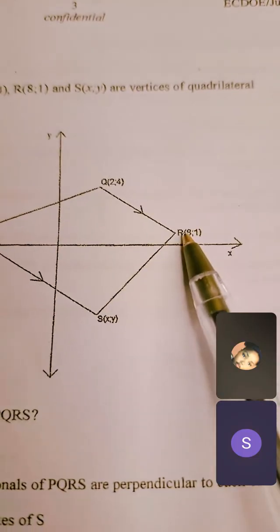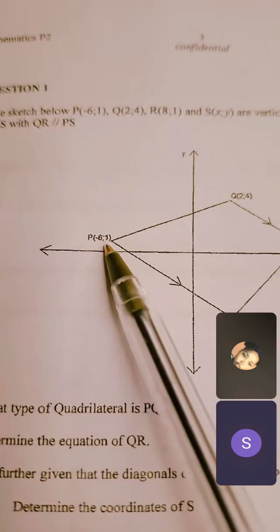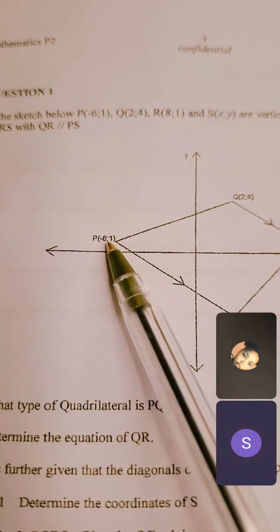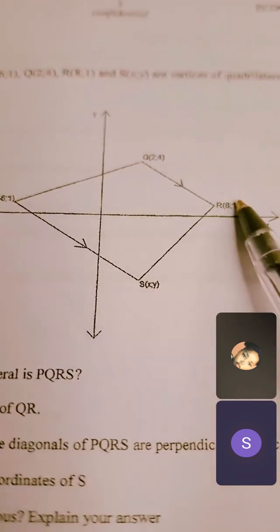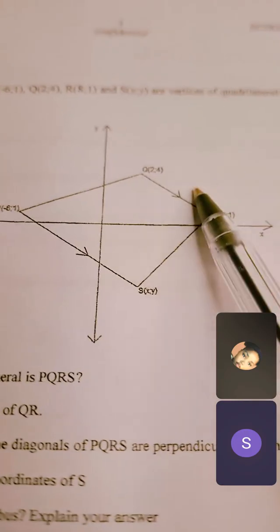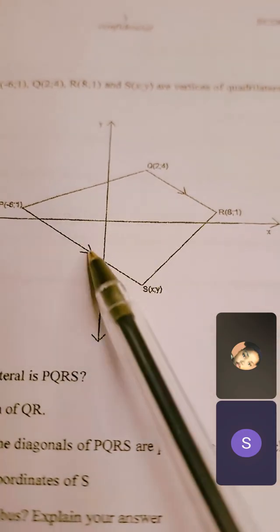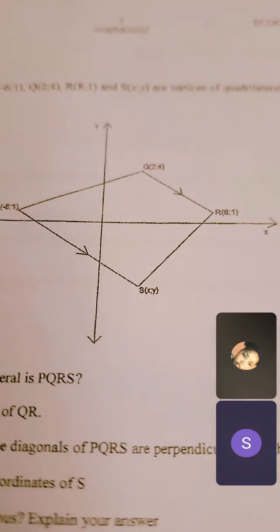There are the points as they set them: Q(2; 4), R(8; 1), S(x; y), and P(-6; 1), like they said in the statement. And then they said they are vertices of a quadrilateral PQRS. Then they said QR. Here is QR. They say QR is parallel to PS. You can see even the lines there with the arrows to indicate the parallel state.